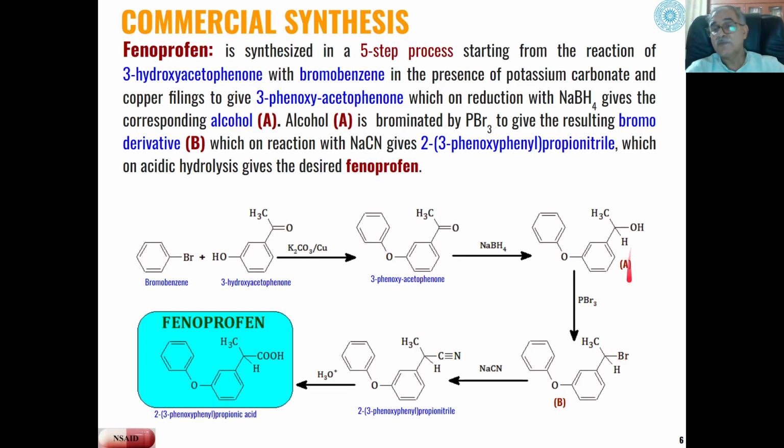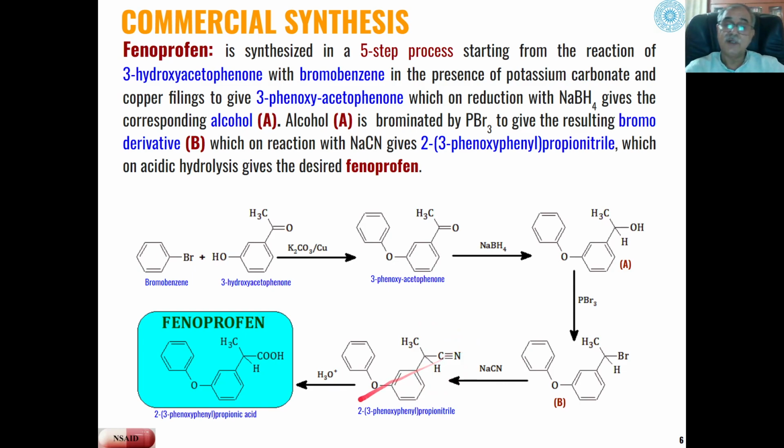So this will be converted into the corresponding bromide, and again when this is reacted with sodium cyanide, cyanide will act as a nucleophile and a nucleophilic substitution reaction will take place. This nucleophile will attack this carbon and Br will be removed and the corresponding nitrile derivative will be formed.